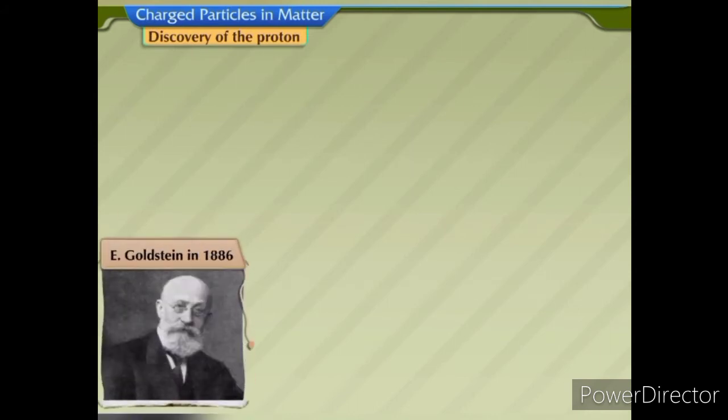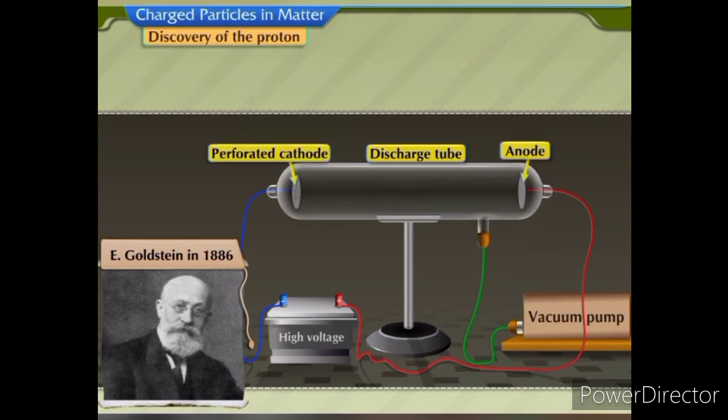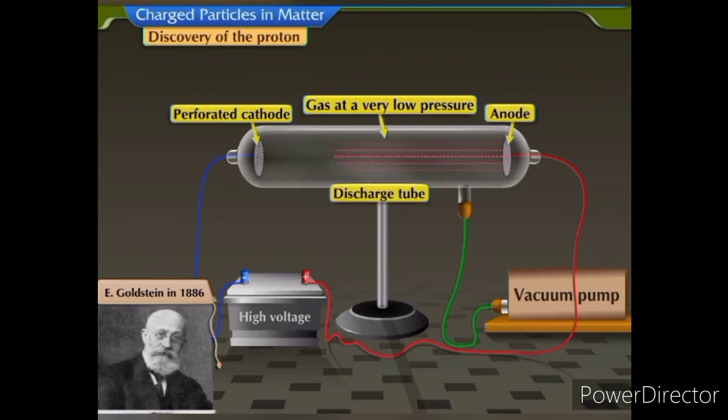Discovery of the proton. E. Goldstein in 1886 performed an experiment using a discharge tube having a perforated cathode and an anode. When a high electrical voltage was passed through a gas at a very low pressure taken in the discharge tube, some rays were produced at the anode.